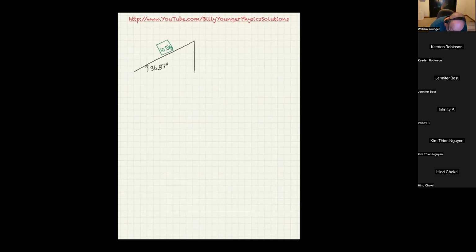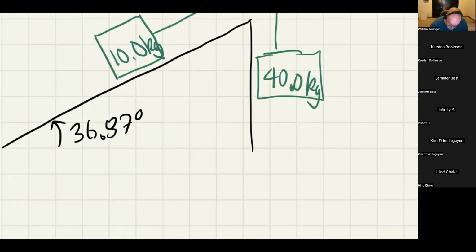It has a string running parallel to the incline, going over a pulley and hanging on this side is a really big mass of 40.0 kilograms. Again, this is going to be a frictionless scenario.